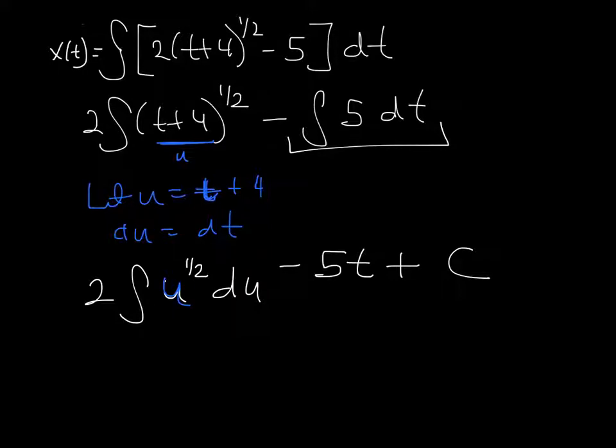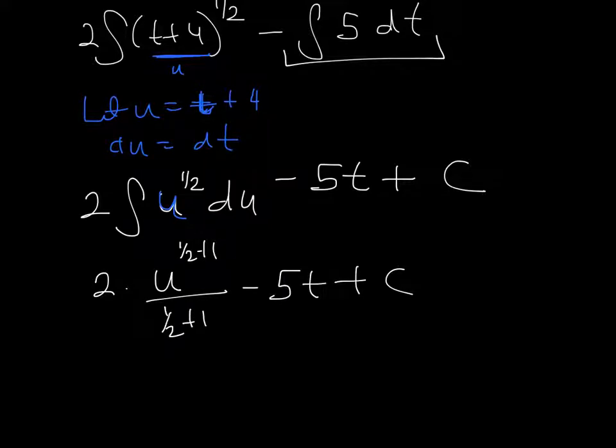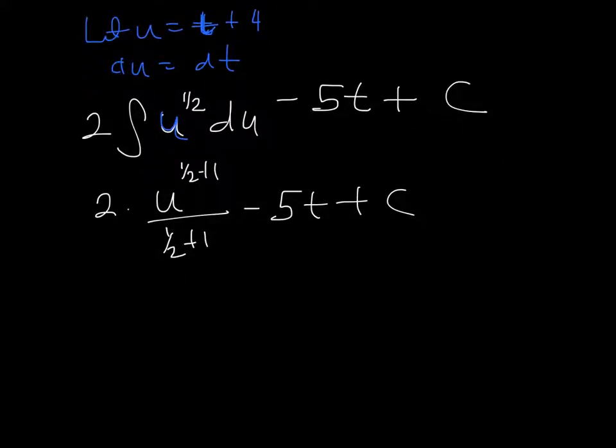And we can integrate this. Here this is u to the 1/2 plus 1, over 1/2 plus 1, minus 5t plus c. And let's see, 1/1.5 is really 3/2.